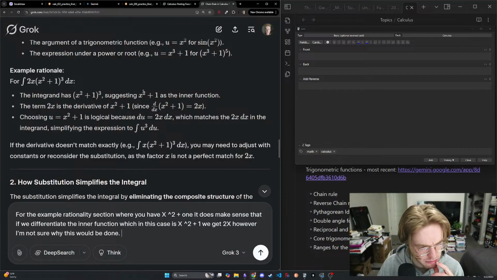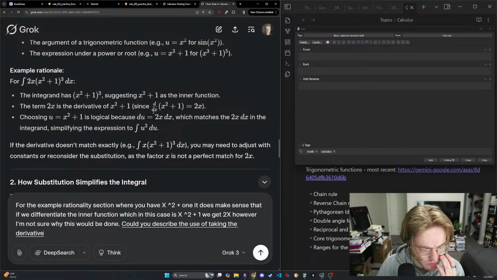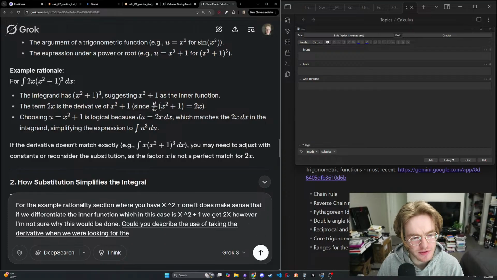Could you describe the use of taking the derivative when we were looking for the antiderivative?